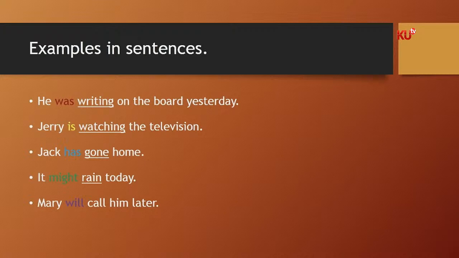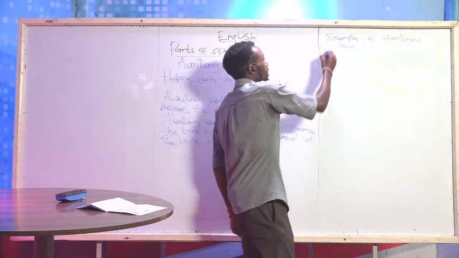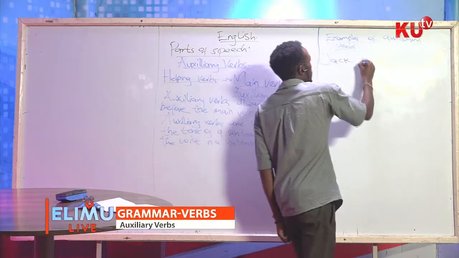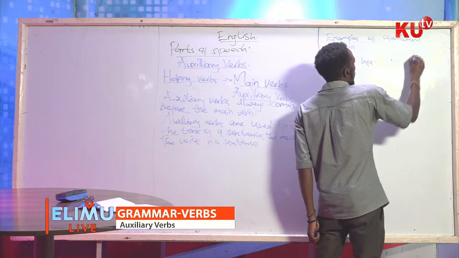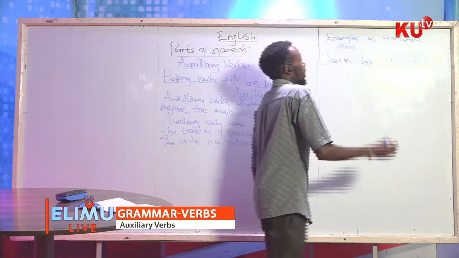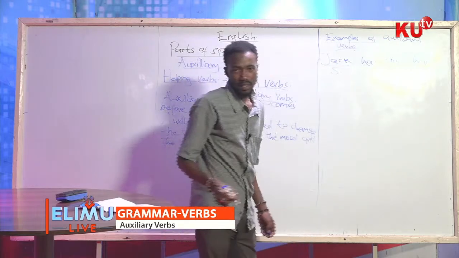Jack has gone home. So Jack is the subject. Has is the helping verb, or in another word, the auxiliary verb. And gone is the main verb in that case. And then home is the object, the receiver of the action. Where has Jack gone? Jack has gone home. Jack is the subject.